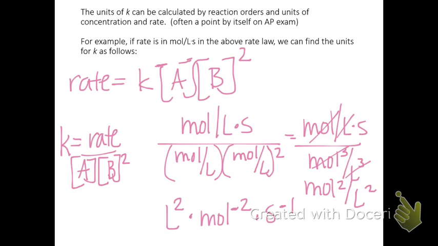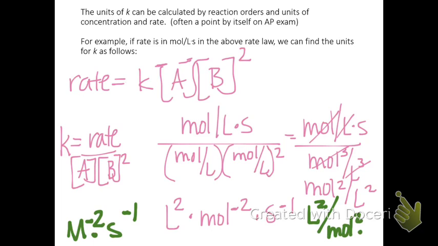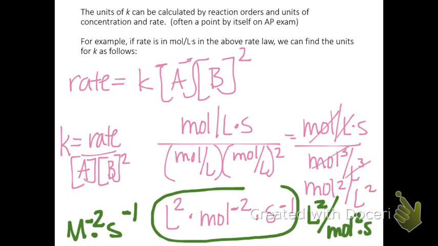Another way you could do that is you could say molarity to the minus 2 seconds to the minus 1. That is also acceptable because molarity, moles per liter, is on the bottom. And then a third way you can do it is liters squared over moles squared times seconds. This first way right here is the most common way you'll see it.